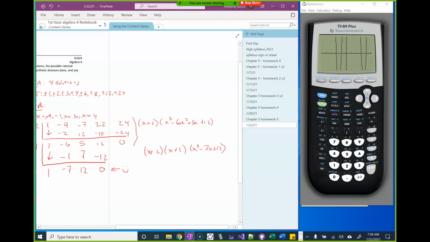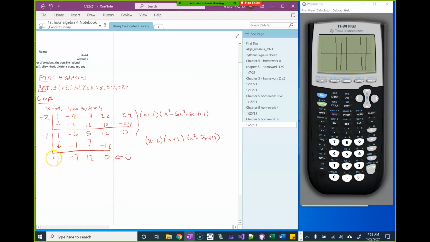At this point, you should notice that x squared minus 7x plus 12 is factorable, so you could factor that. If you had not noticed that, though, you could continue doing your synthetic division because we still have numbers left on our list.